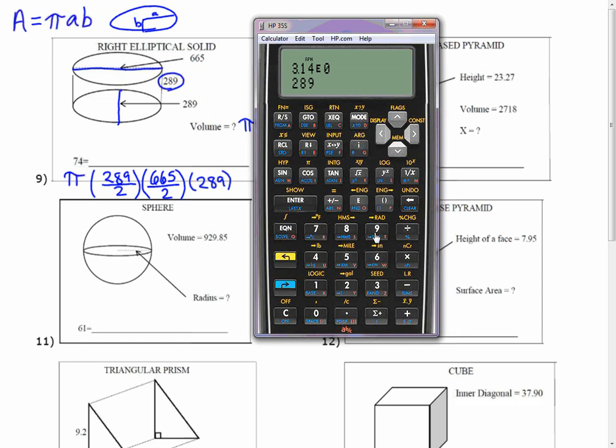I typed in pi, and I have 289 times 665 times 289 again at the end, and then I got those 2's on the bottom, so I'm just going to do divide 2, divide 2. That saves a little bit of time with pressing enter, compared to typing it in a slightly different way. But we get 4.36 times 10 to the 7th.